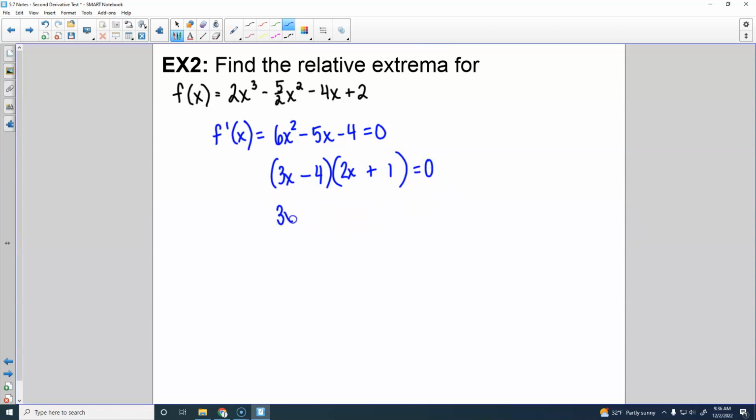So you got 3x minus 4 equals 0, and 2x plus 1 equals 0, so 3x equals 4, x is 4/3, and here we've got 2x equals negative 1, so x is negative 1/2.